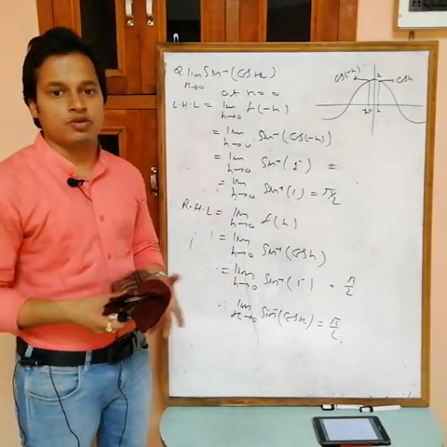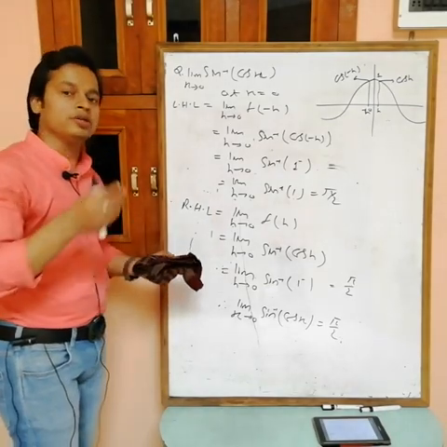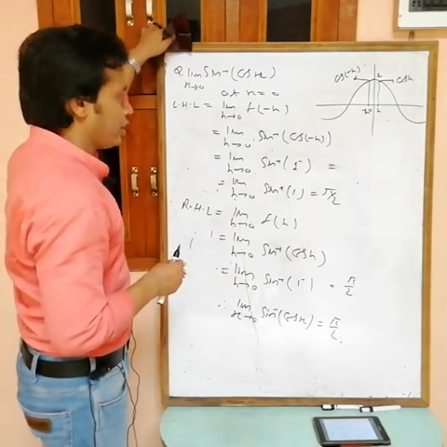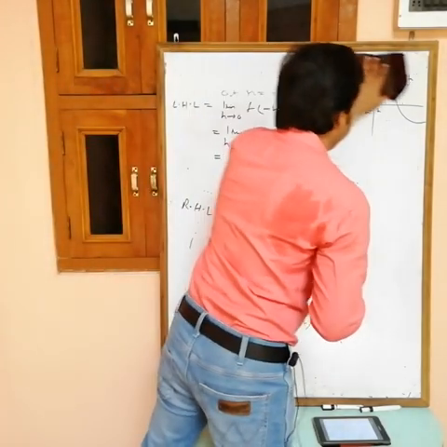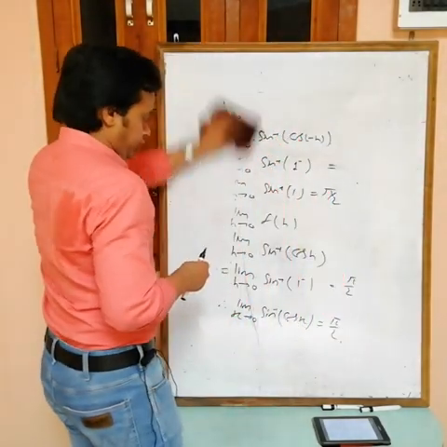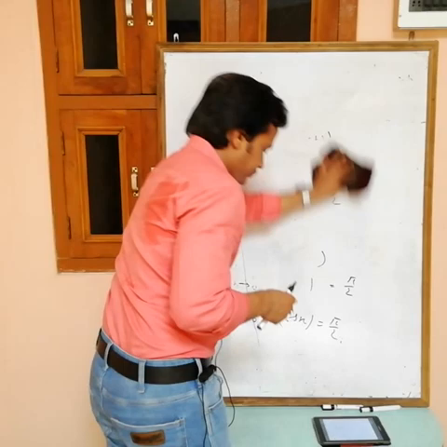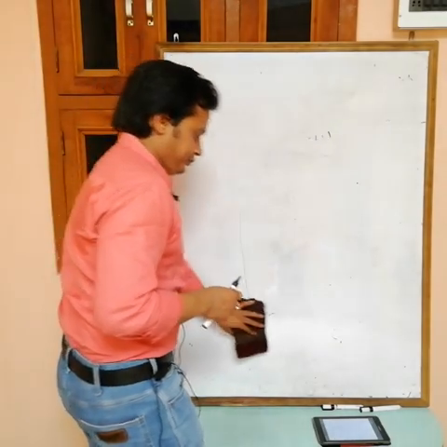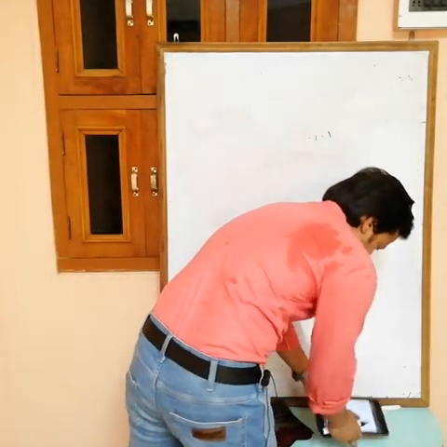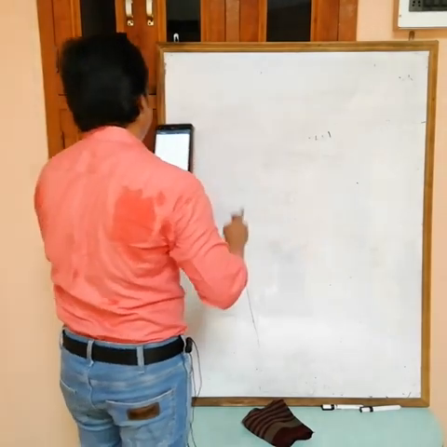If it is 1 plus, then sine inverse is not defined, so the limit does not exist in the previous question. Now next.